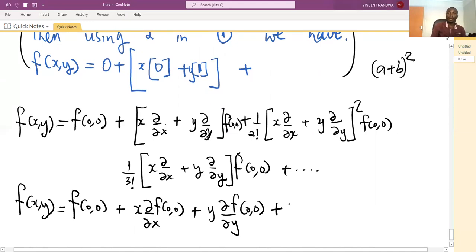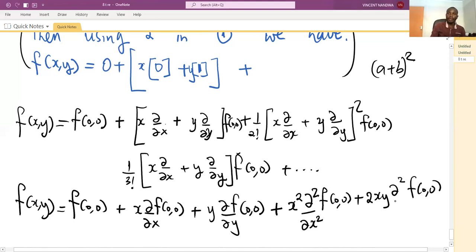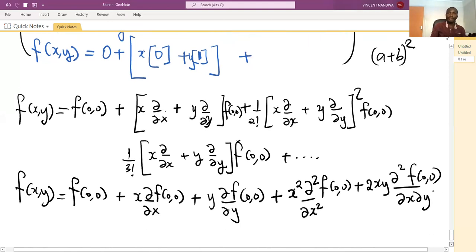We know it will be given by a squared, so x squared ∂²f/∂x² at (0,0), plus twice ab, so we'll have 2xy ∂²f(0,0)/∂x∂y, and then plus b squared.